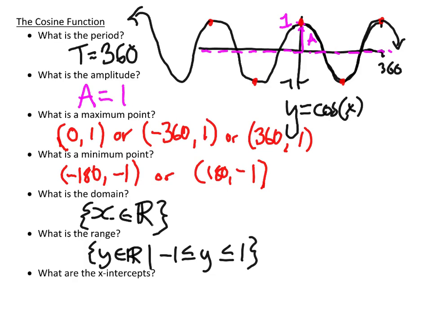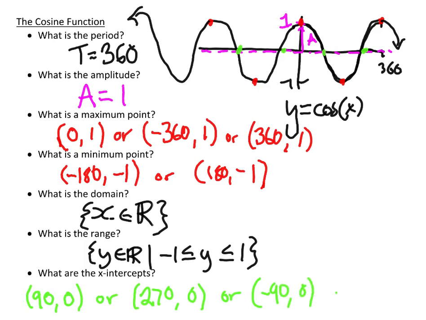Lastly, there are our x-intercepts. So notice there are x-intercepts here and here and here and here. And they're happening at 90, 0 of course for y. This one's at 270. There's more at negative 90, negative 270, and they keep going, of course, off our graph as well.